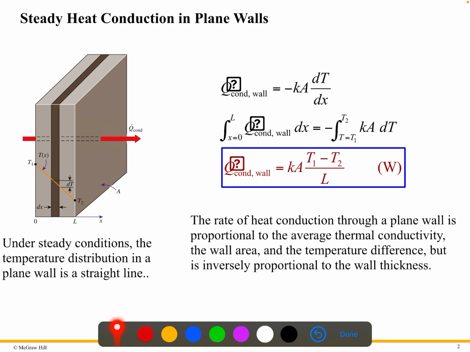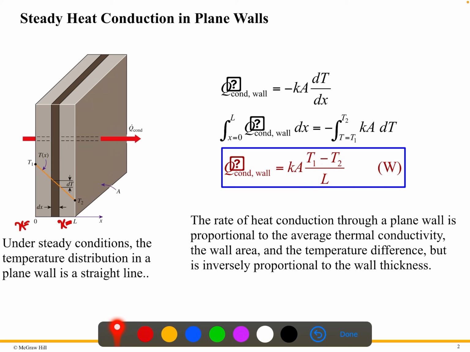Let's say here the temperature is T1, this is T2, we have this small gradient dT, and this is the wall thickness. If we say this position is x equal 0 and this is x equal L, then if we do all these calculations, we will get these expressions.